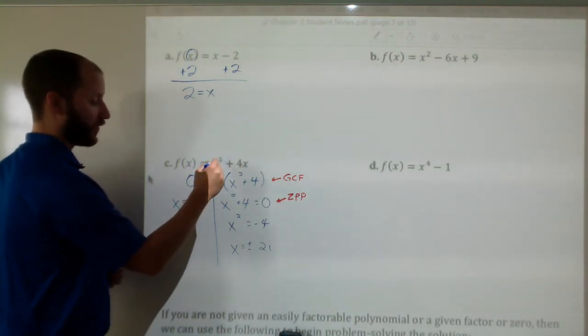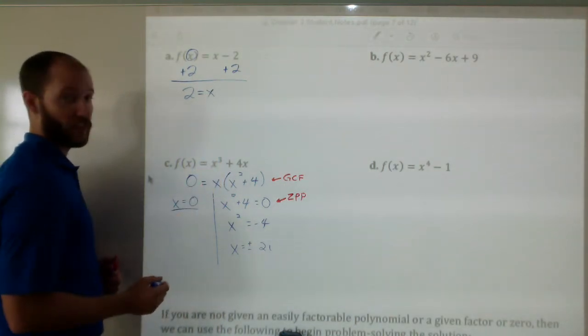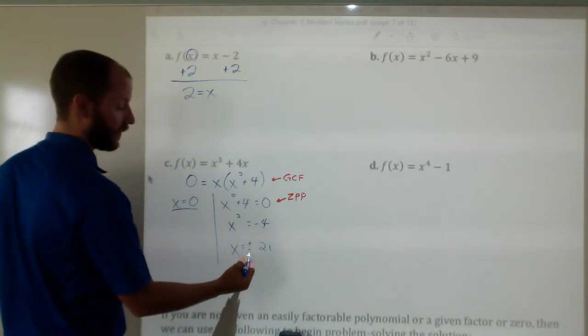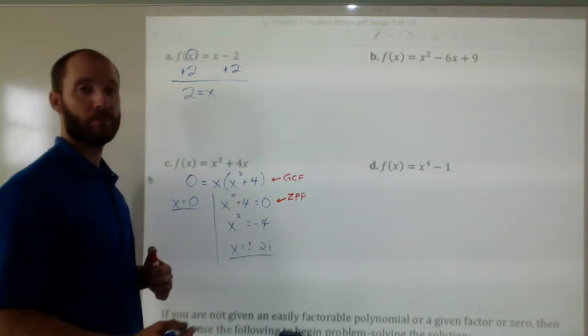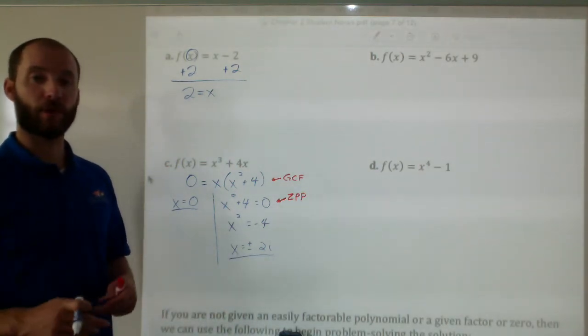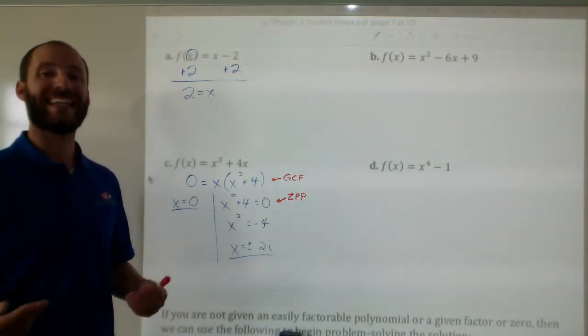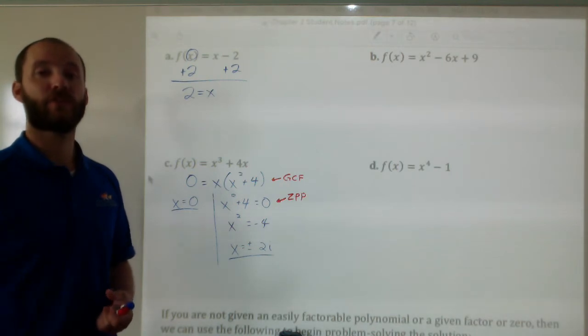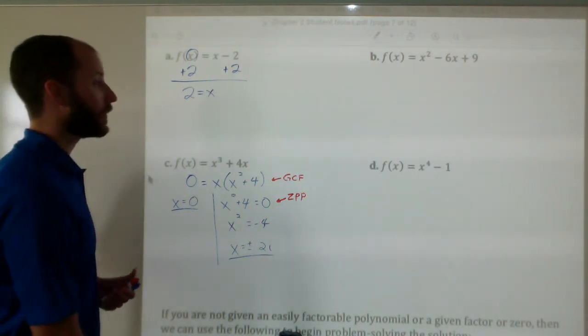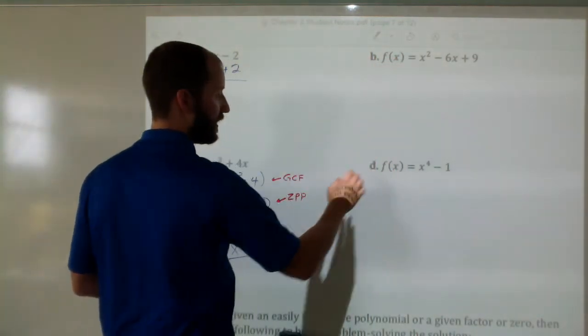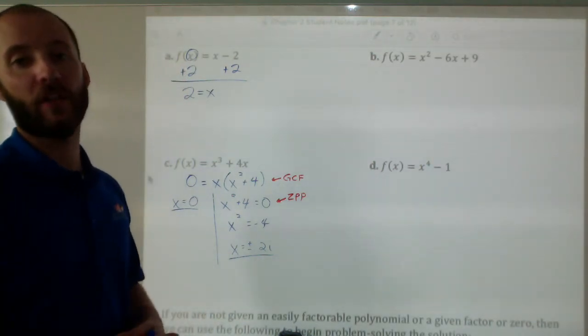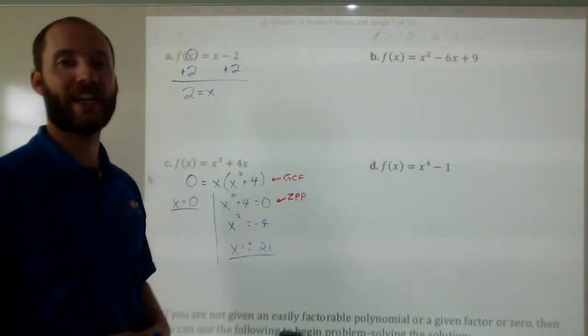This cubic function has 3 zeros: 0, which is a real zero, and then positive and negative 2i, which are both imaginary. But all told, there are 3 zeros, any combination of real and imaginary. So take a look at examples B and D in my completed online notes, or work through those first and then check the answers.